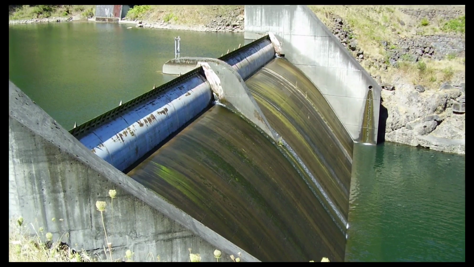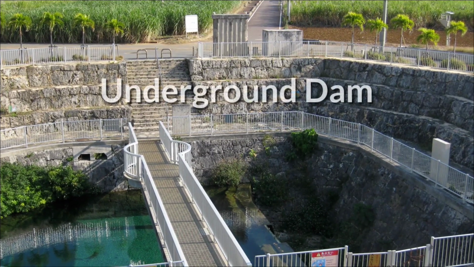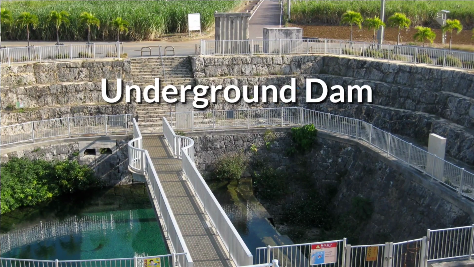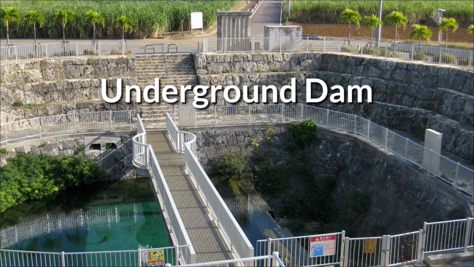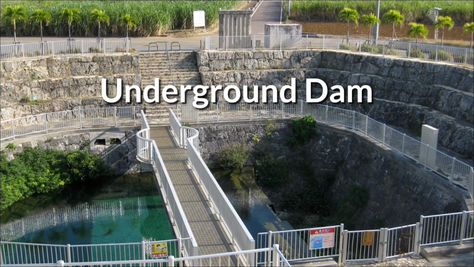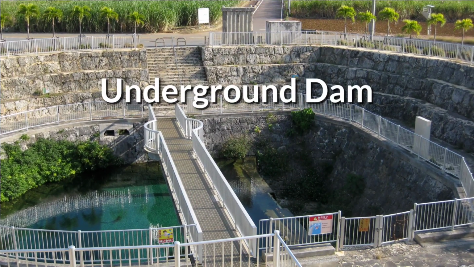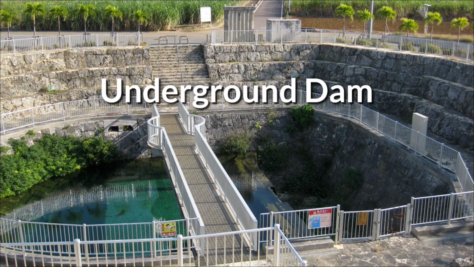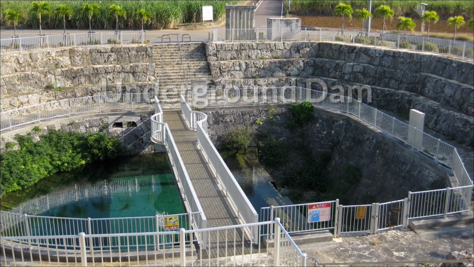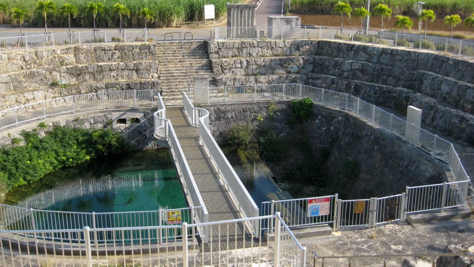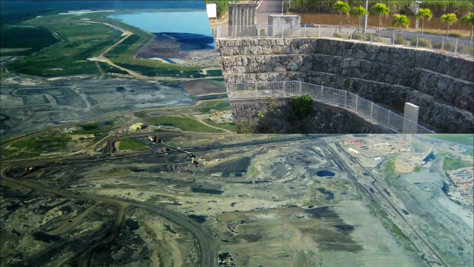Next is the underground dam, which, as the name says, stores all or most of its water below the surface for extended use in a localized area. In some cases they are built to prevent salt water from intruding into freshwater aquifers.